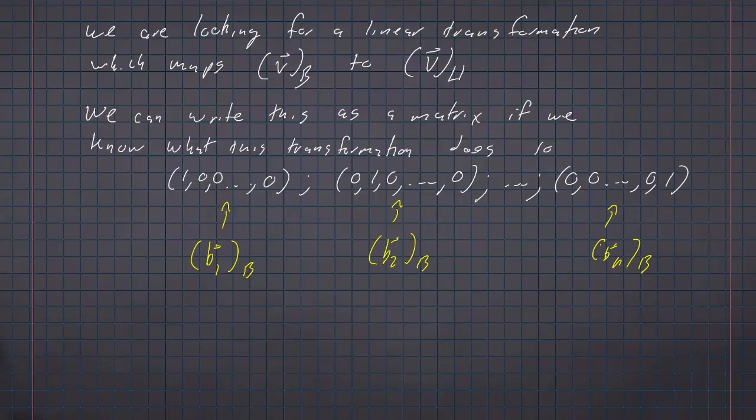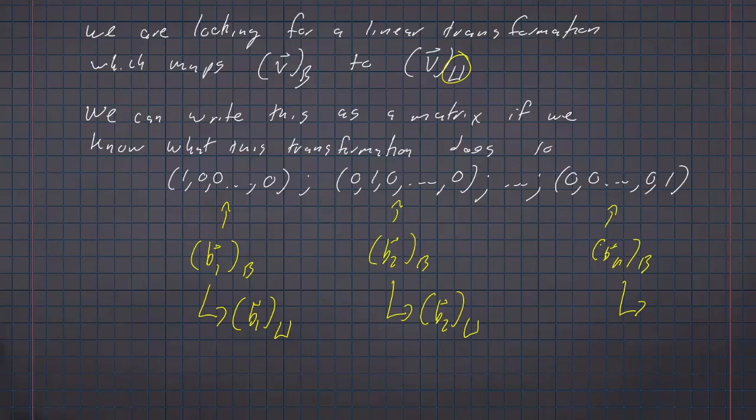Because we want the transformation to take each of these vectors to the corresponding thing represented under basis U. So we want B1 under basis B to transform to B1 under basis U. We want B2 under basis B to transform to B2 under basis U. And we want Bn under basis B to transform into Bn under basis U.